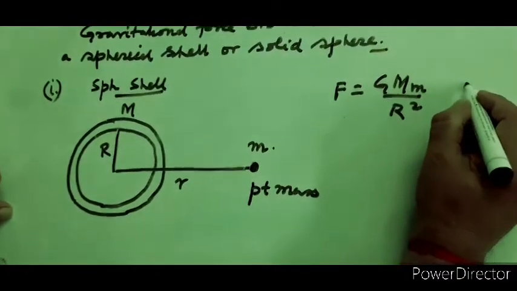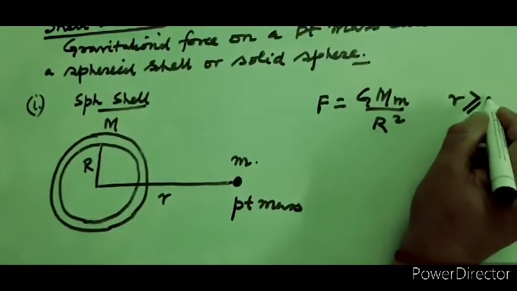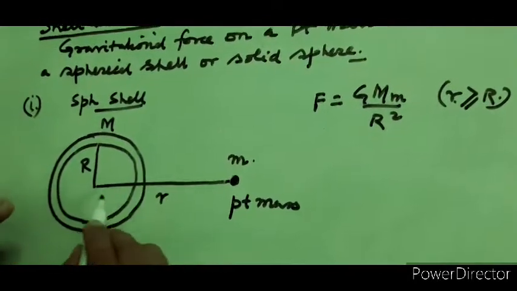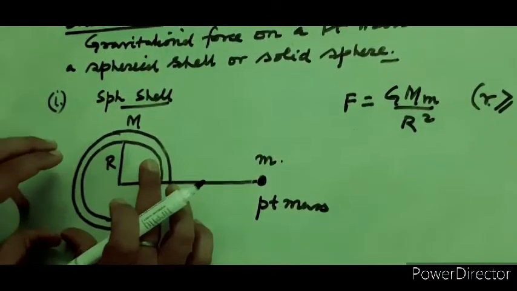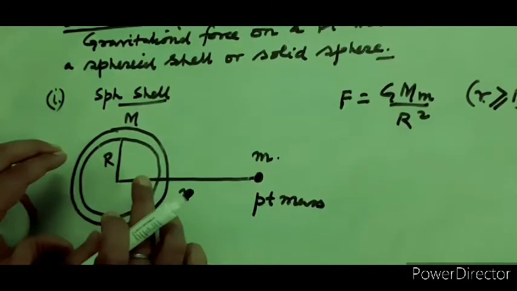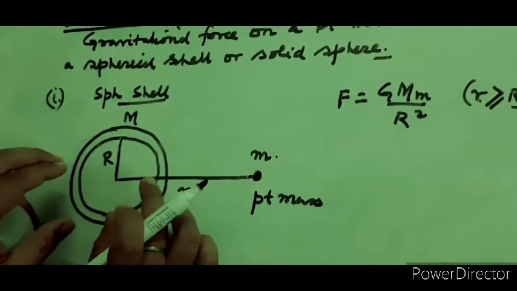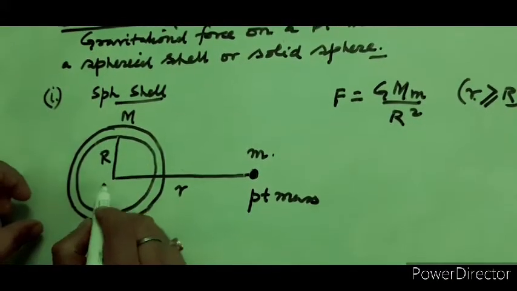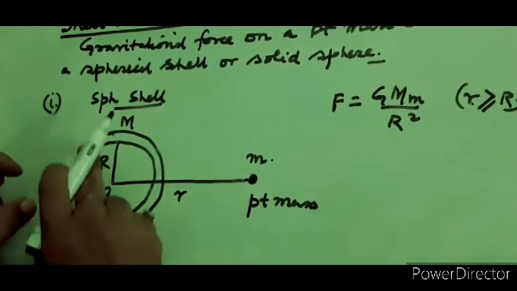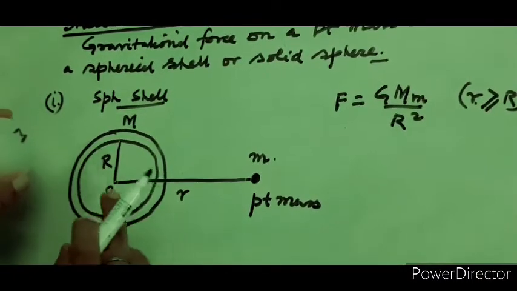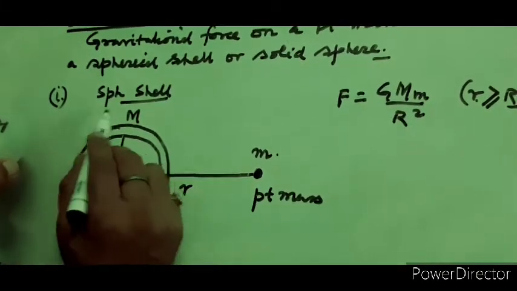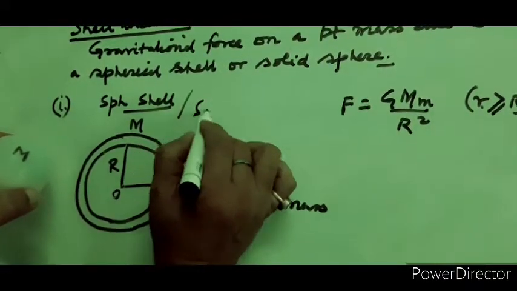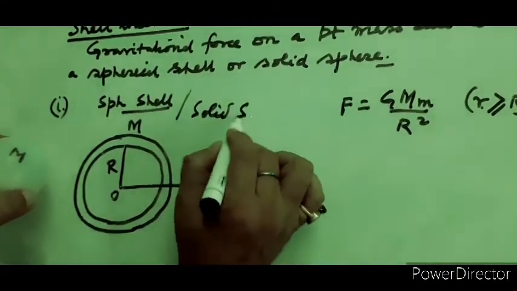Here the condition is up to this condition. It means the shell attracts the point mass as if the entire mass of the shell were concentrated at its center. Maybe hollow or solid sphere, here we have taken the spherical shell, but you can take the solid sphere also.